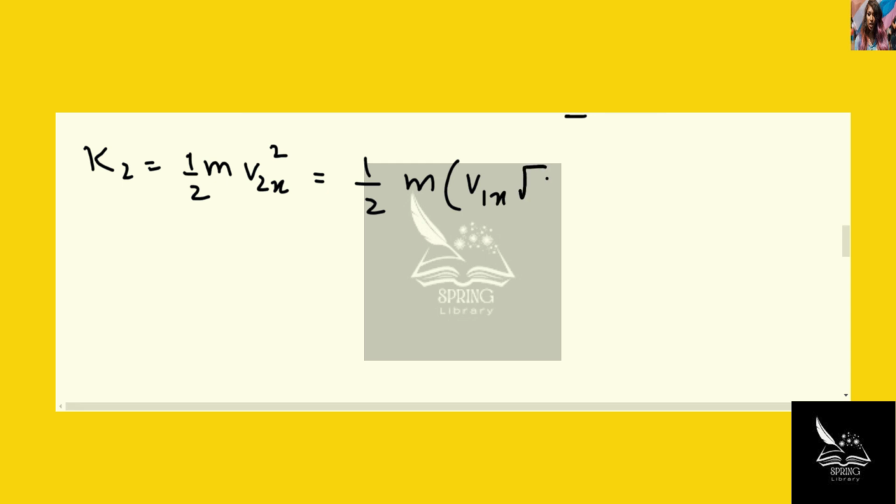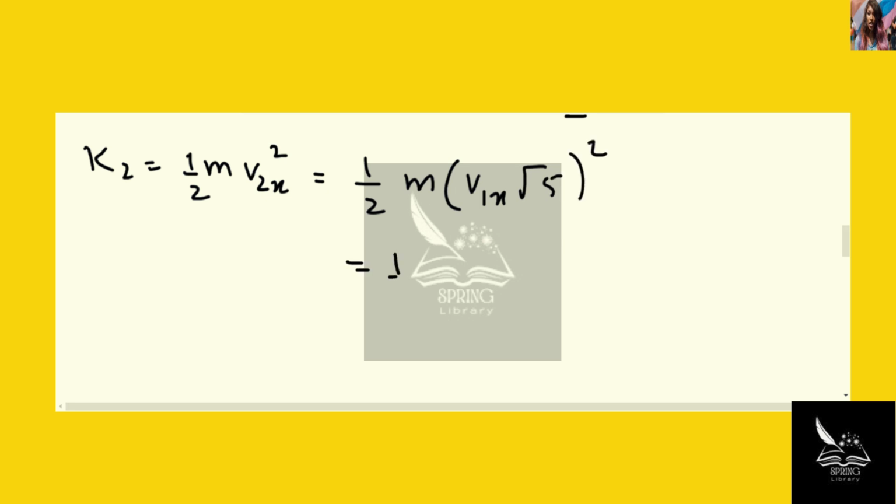Okay. Now, from this we understand that K2 equals half m v2x the whole square, which is equal to half m, v1x by root 5, the whole square.